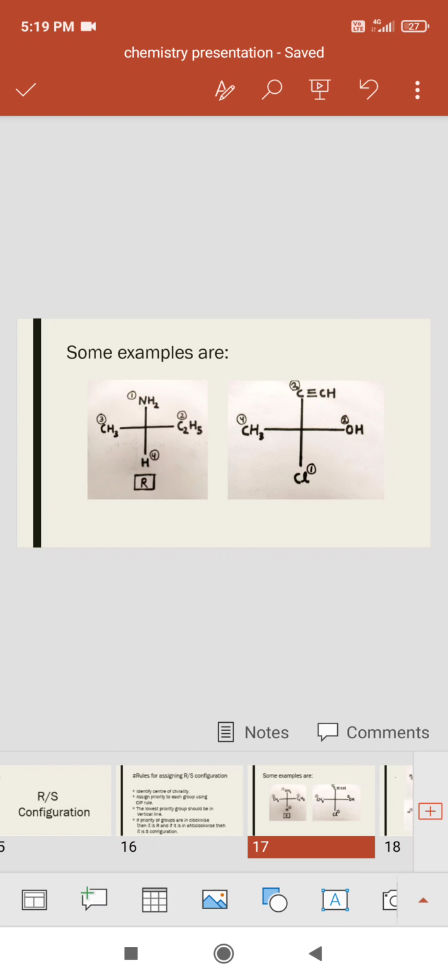Sorry, I forgot to write here, which configuration is this. So first, second, third means anti-clockwise direction. Anti-clockwise means S, but in this case the least priority group lies on the horizontal line, so it can be reversed. So if this is S configuration, due to CH3, the least priority group lying on the horizontal line, it will become the R configuration.